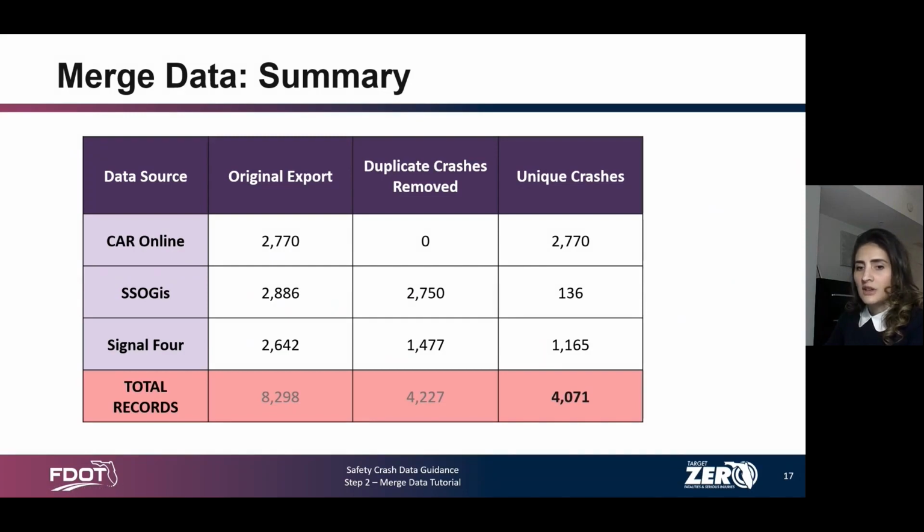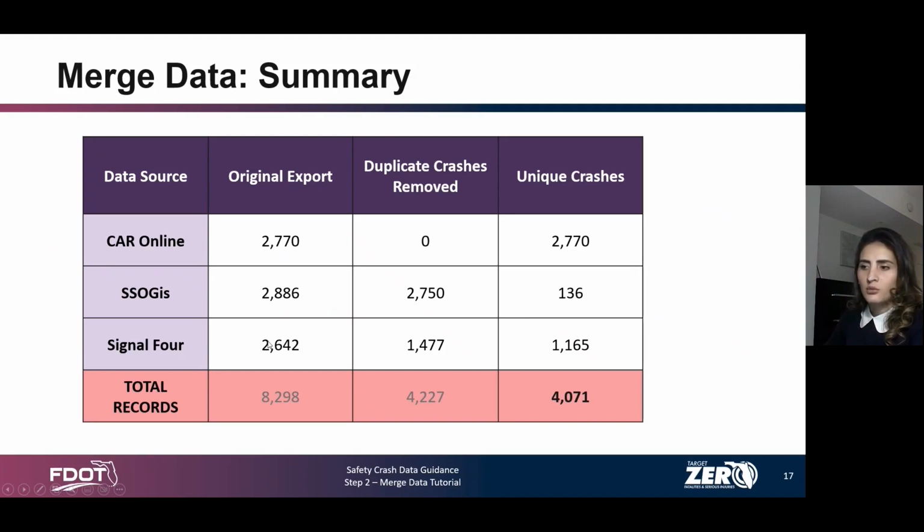And for CAR Online, like we mentioned, we had 2,770 records. We did not remove any since we want to keep CAR Online as our primary data source. For SSO GIS, we had almost 2,900 crashes. We ended up removing 2,750 records, yielding 136 new crashes to our corridor.